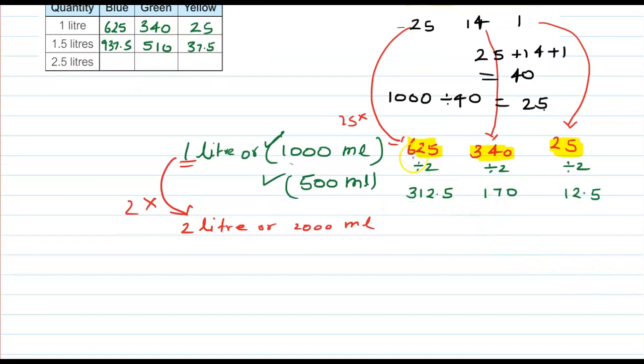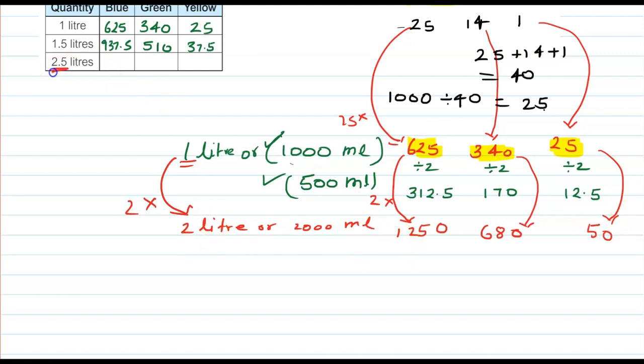So let's multiply by 2. 625 multiplied by 2 is 1250. 340 times 2 is 680. So for 2 liter it is this much.